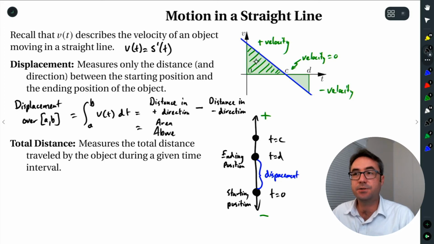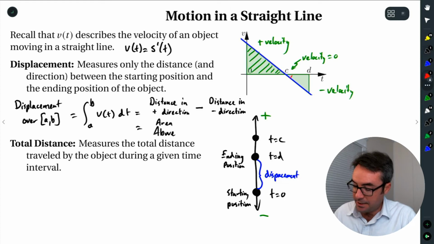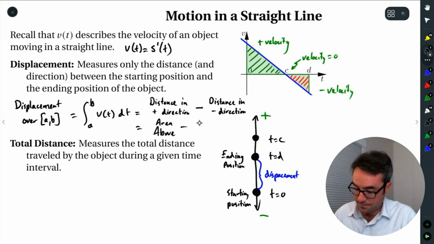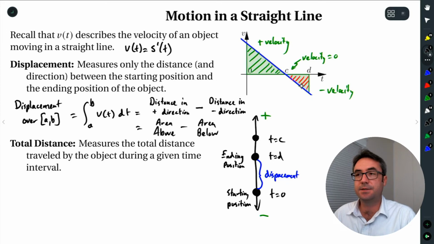And this area really describes the distance that we're traveling in the positive direction. And the area for the region that lies below the horizontal axis represents the distance that we travel in the negative direction.